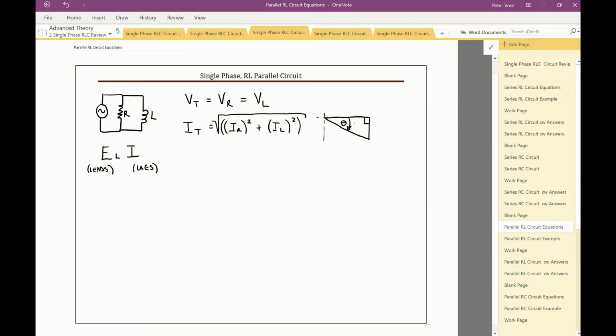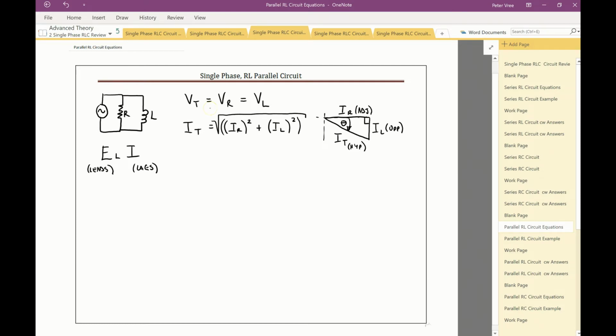We've got our resistive current here, our inductive current here, and our total current here. The resistive current is the adjacent, the inductive current is the opposite, and the total current is the hypotenuse. So we'll basically be using that equation, Pythagoras' theorem, all the way through.